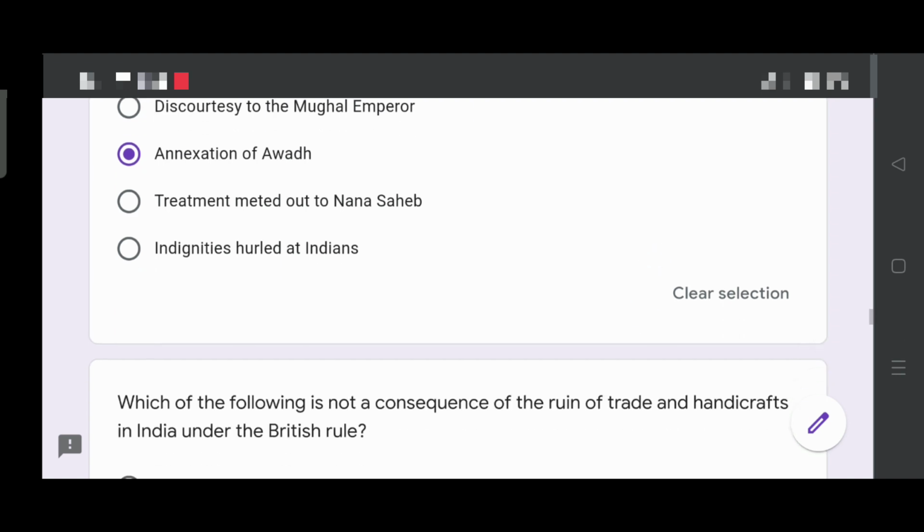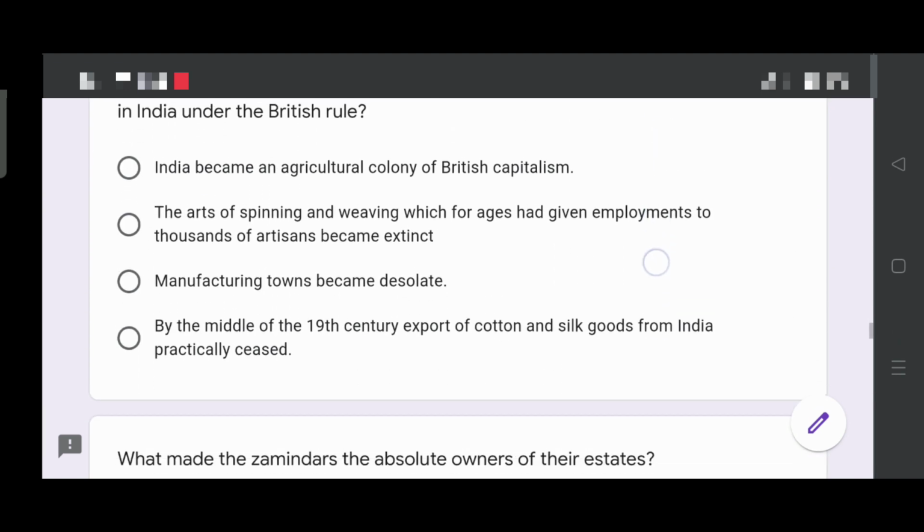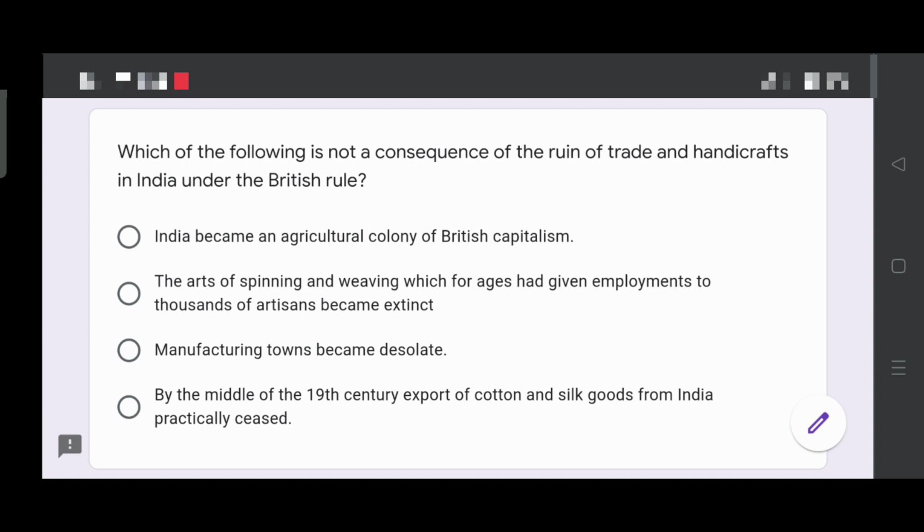Which of the following is not a consequence, not a result of the ruin of trade and handicrafts in India under the British rule? India became an agricultural colony of British capitalism. The arts of spinning and weaving, which for ages had given employment to thousands of artisans, became extinct.